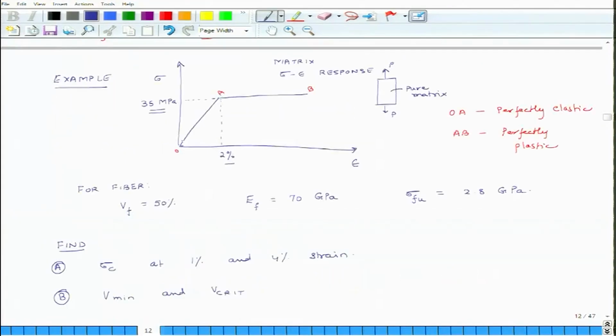What does that mean? The slope of the line OA is 1.75 GPa. If I also had to plot fiber data, the slope of that line would be 70, because the Young's modulus is 70. The slope of OA reflects the Young's modulus of the material.